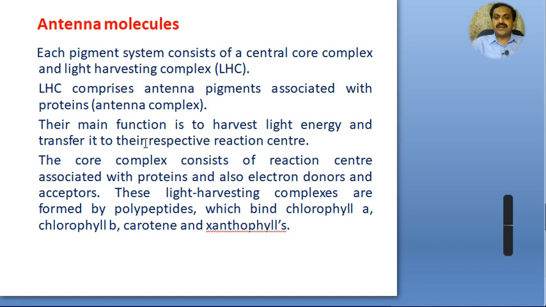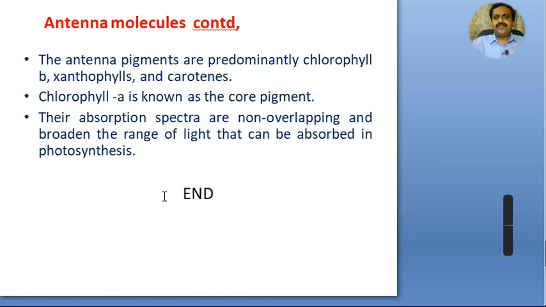The core complex consists of a reaction center associated with proteins and also electron donors and acceptors. The light harvesting complexes are formed by the polypeptides which bind chlorophyll a, chlorophyll b, carotene, and xanthophylls.